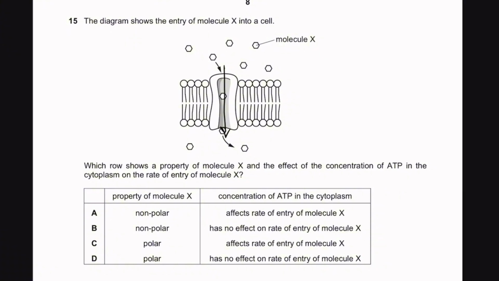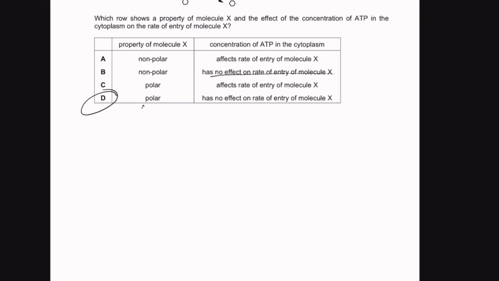As mentioned, this is facilitated diffusion, so ATP should have no effect whatsoever because it's a passive process, and we do not require ATP for it. And since the molecule cannot pass through the membrane, this means it's a polar molecule, because the membrane has a hydrophobic inner core, and therefore polar molecules cannot really pass through it. So polar and no effect on the entry, D.